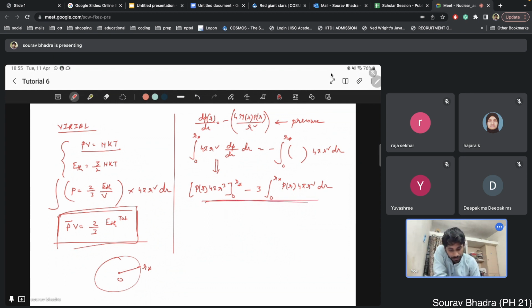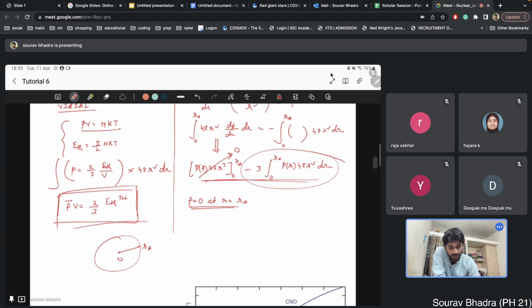Now our assumption is that P is 0 at r equals R star. If you put the upper limit R star, the first term will go to 0 under this assumption that P is 0 at the surface of the star. Only this term will survive.